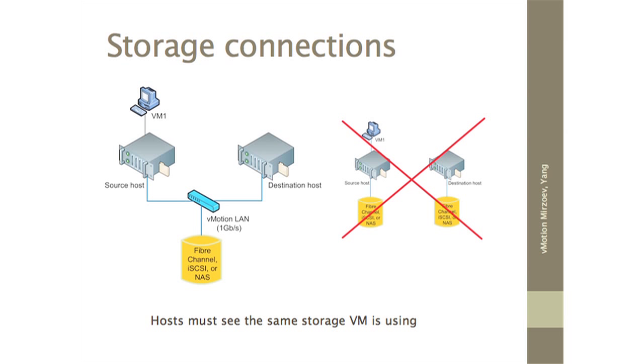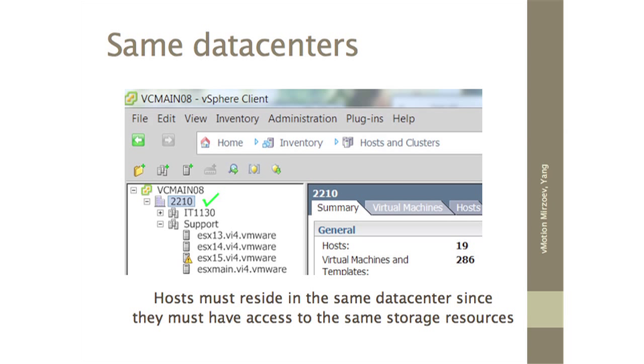Storage connections: this is where we can't vMotion between the source host and destination host if we have two different storage technologies. It's not even the difference in technologies, it's just that it's not shared. And this is the correct way to vMotion. They must have the same storage, and they have to be in the same data center. A data center is where you create the clusters of resources.